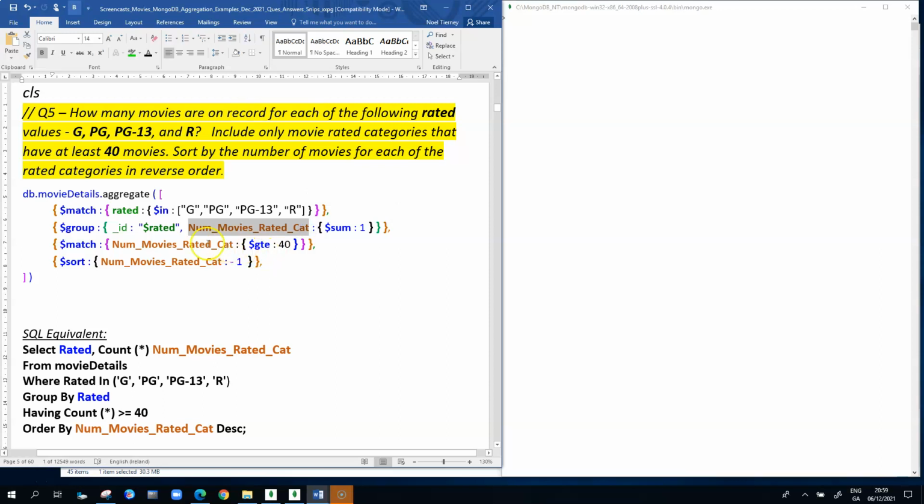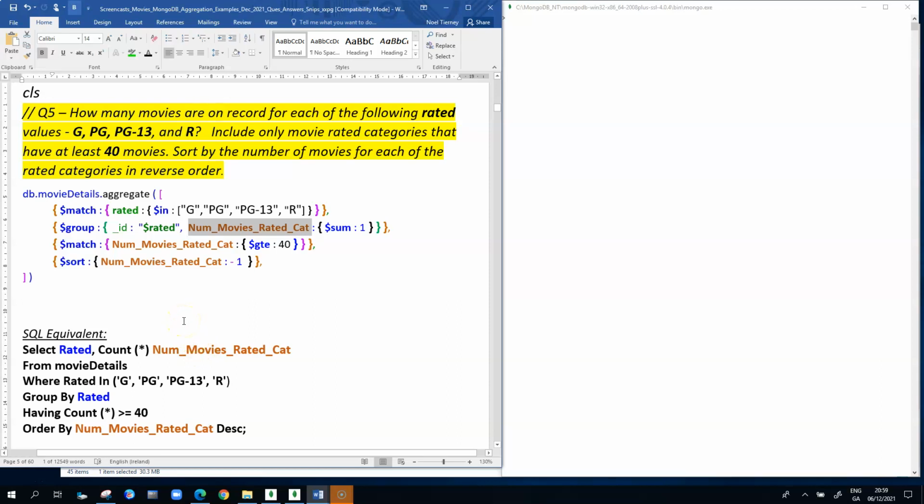Here I'm grouping by the _id field, which is always in each group, and then I'm choosing the rated field, and the output where I'm counting the documents is going to be called number of documents per rated category. So it gives it a meaningful name.